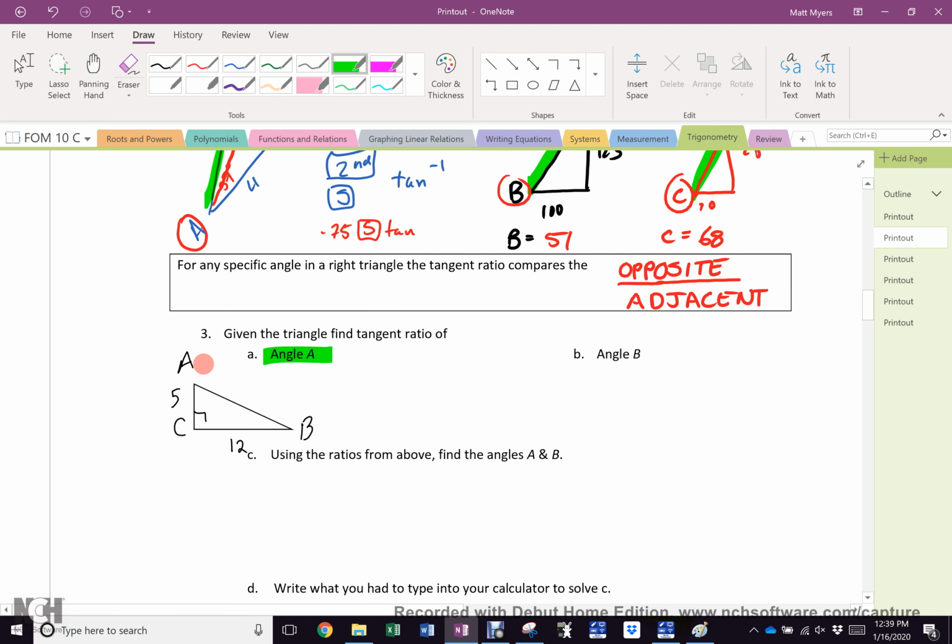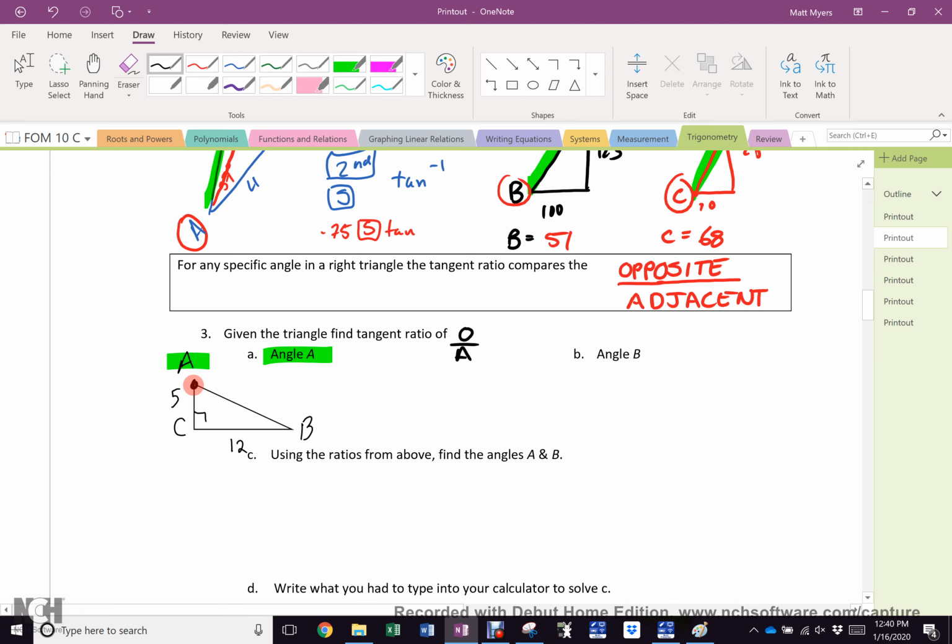Here is angle A. Everyone agree? Well, the tangent of angle A, we know, is opposite over adjacent, yes? So if we're working from angle A, what is opposite to A? What does opposite mean in trig?